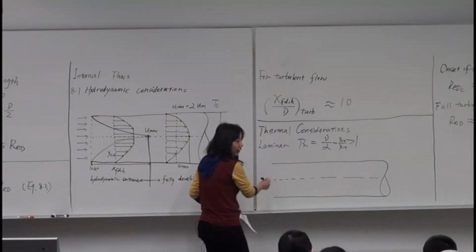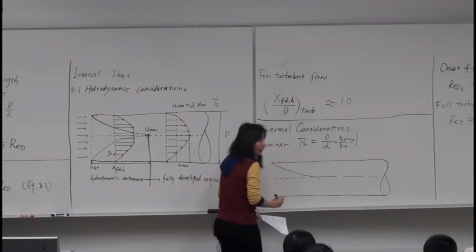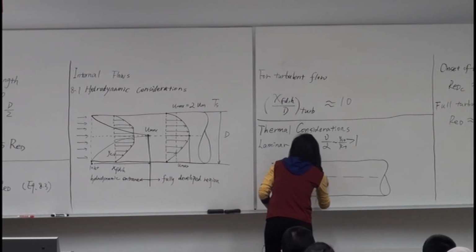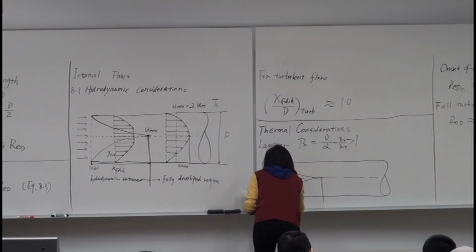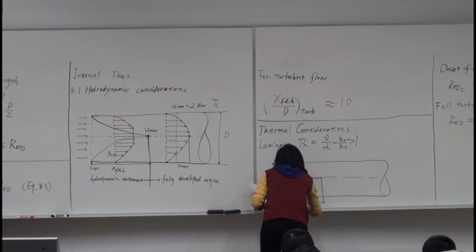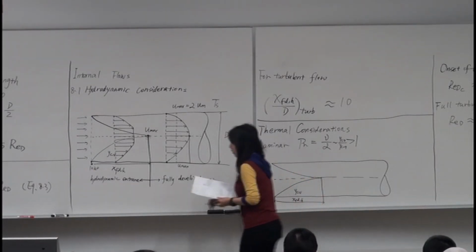We already learned that when the two velocity boundary layers collide, we have our hydrodynamic entry length. And this is our delta_v.